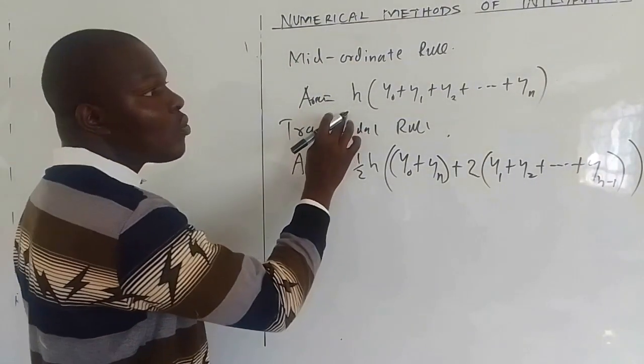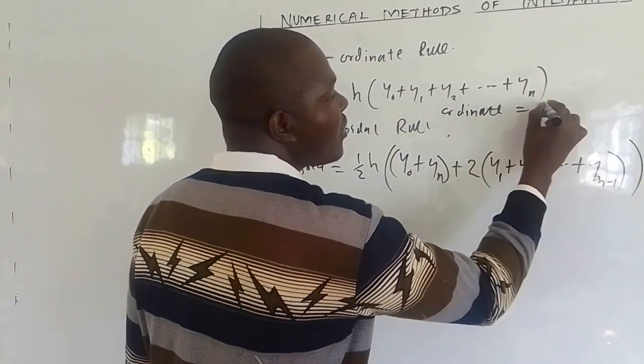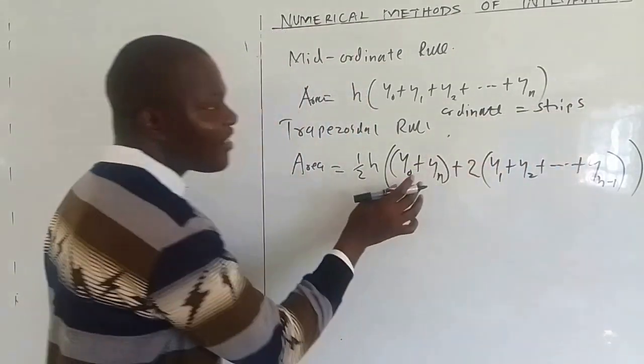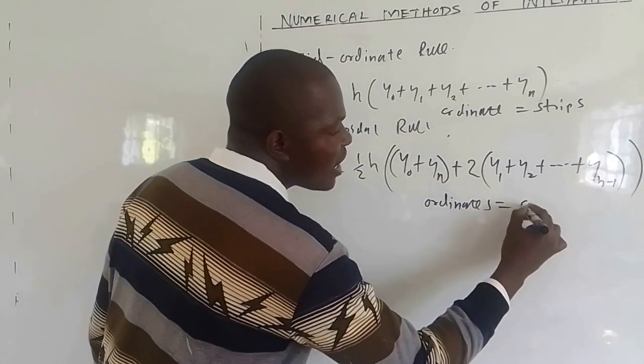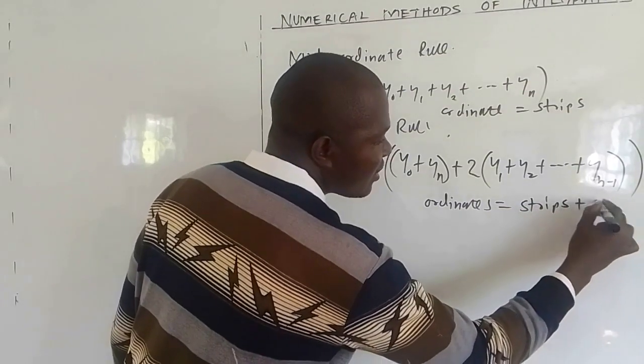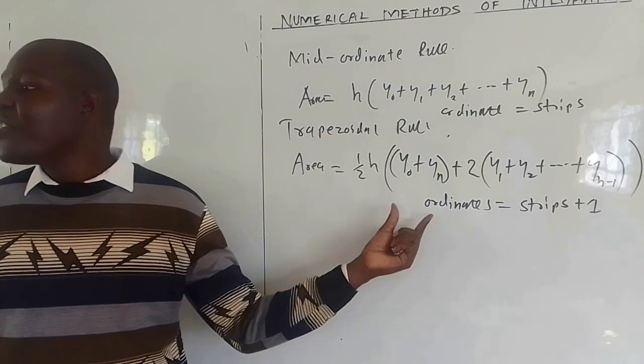And in mid-ordinate rule, what do you know? The number of ordinates is equal to the number of strips. In trapezoidal rule, what do you know? The number of ordinates is equal to strips plus 1, because if you have 9 ordinates, it means you have 8 strips.